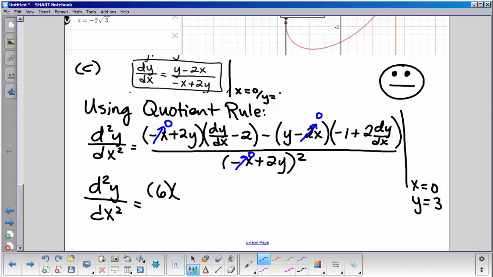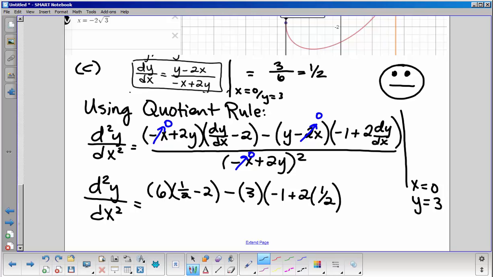Yeah, we can do that. So what do we get? We get y, which is 3, over 0 plus 6, which is 1/2. So that's going to be 1/2 minus 2 minus 3, and then times negative 1 plus 2 times 1/2.